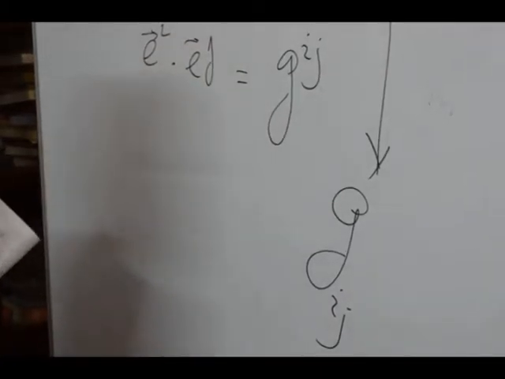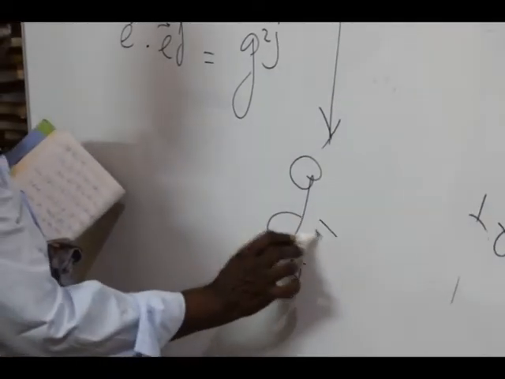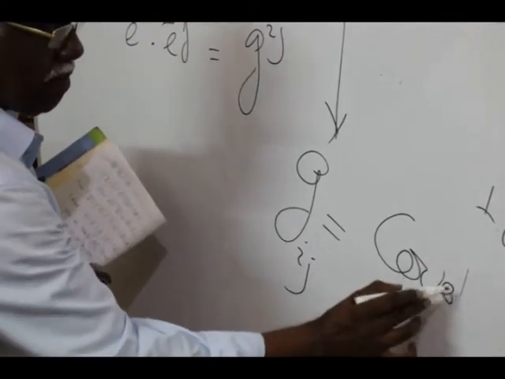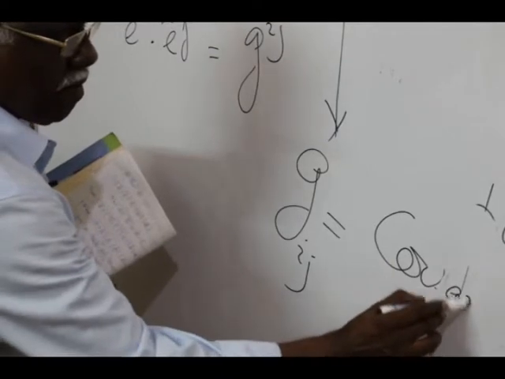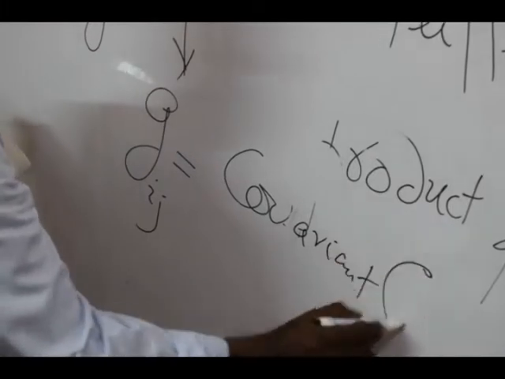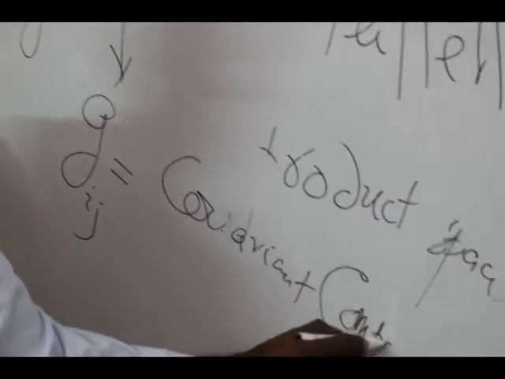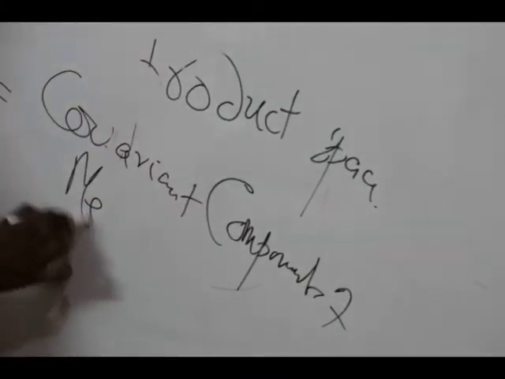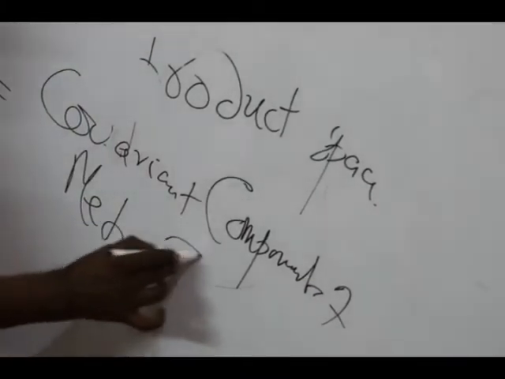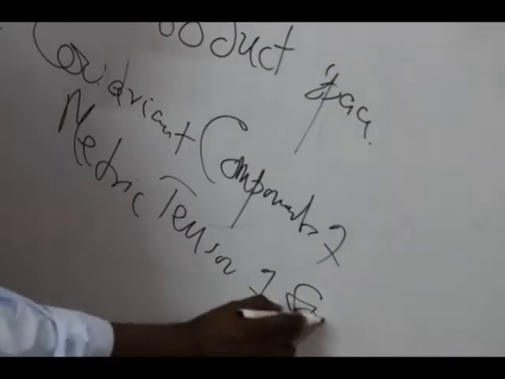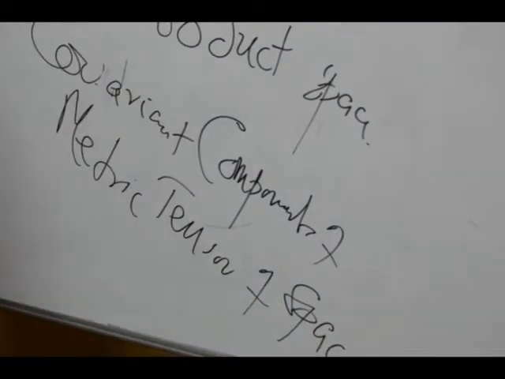The most important mathematical object in physics is called the covariant components of the metric tensor, the metric tensor of space. It determines the geometrical property of space.